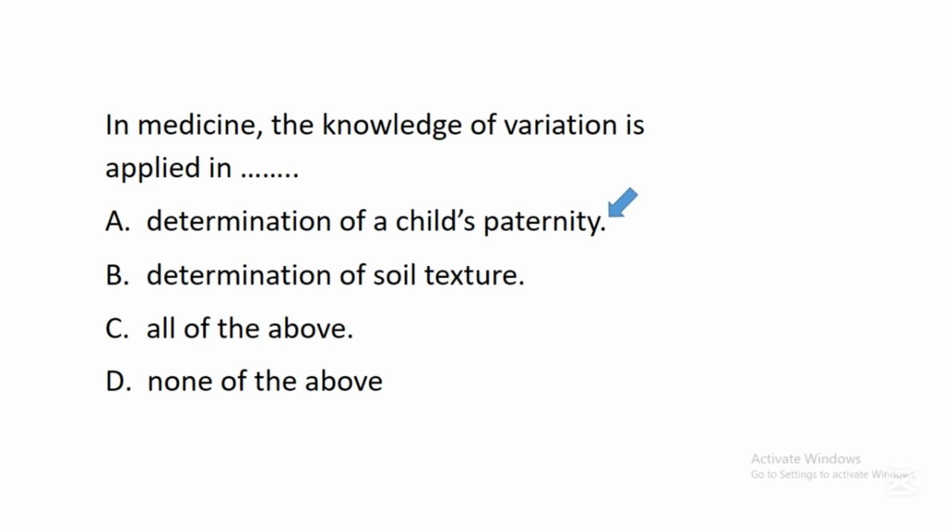So scientists have DNA tests and analysis, and through these, the paternity of a baby or a child can even be discovered even before delivery. So the knowledge of variation is highly applied in the field of medicine.